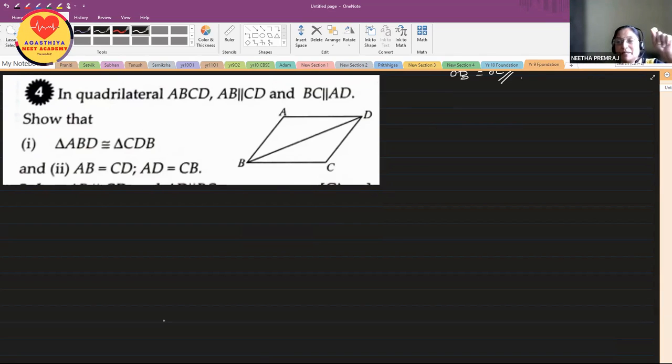Quadrilateral means it's a four-sided figure. That's it. Square is a quadrilateral. Rectangle is a quadrilateral. Name some quadrilaterals, whatever quadrilaterals you know. The square, then rhombus, then trapezium. Trapezium is a quadrilateral.